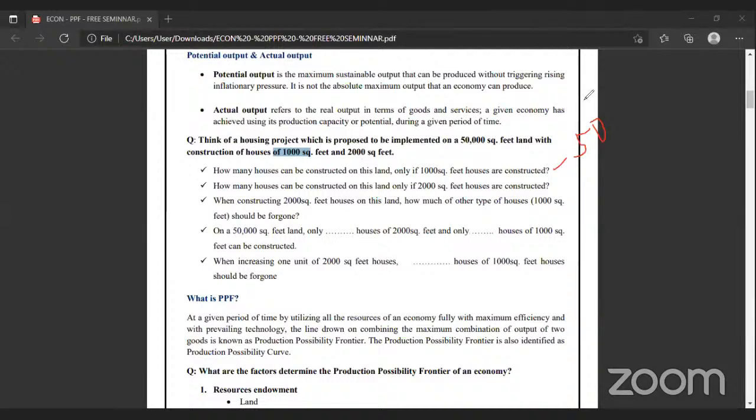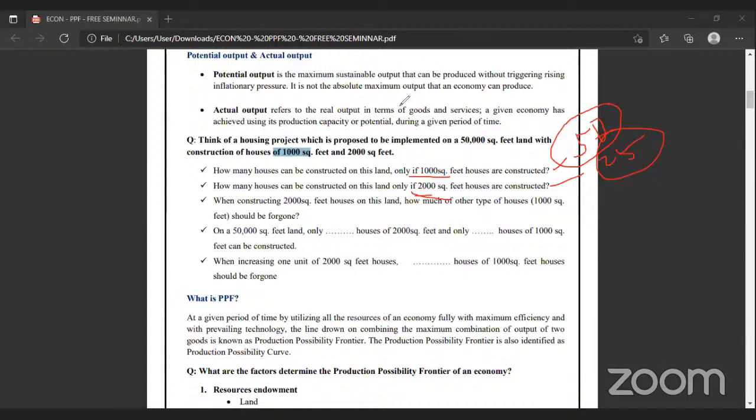All 50,000 square feet are utilized to construct 1,000 square feet houses, so 50 houses. Come to the second one: how many houses can be constructed if we produce only 2,000 square feet houses? Already you have said 25, perfect. Remember, only 1,000 square feet houses means 50.